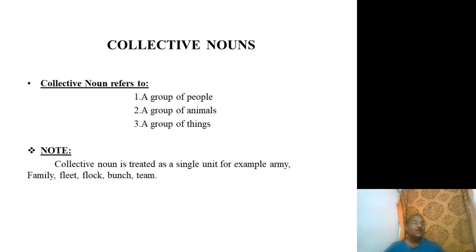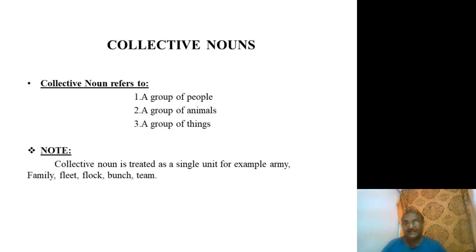For example, army. So in general, we say that army is moving to Telangana state to regulate the expansion of COVID in pockets of our Telangana state. Army is coming. Family is good, but in a family you find three, four, five, six, or a number of members.